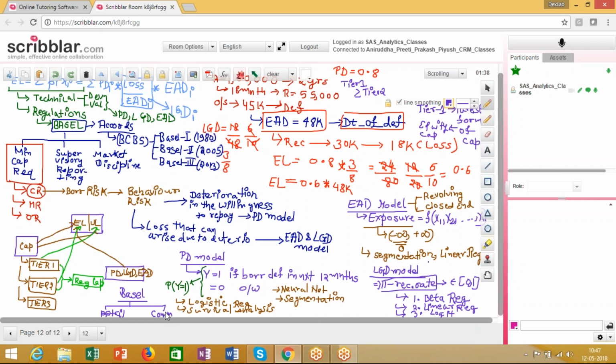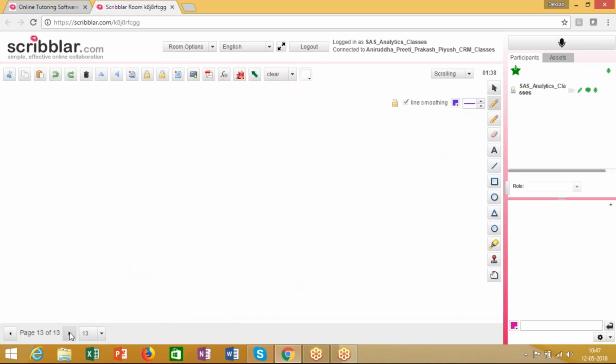These are the two broad portfolios to which any bank would lend. The commercial portfolio is also known as the wholesale portfolio, so the two are the retail and the commercial or wholesale portfolio. The most important thing that we need to understand is how the portfolios are defined under Basel.